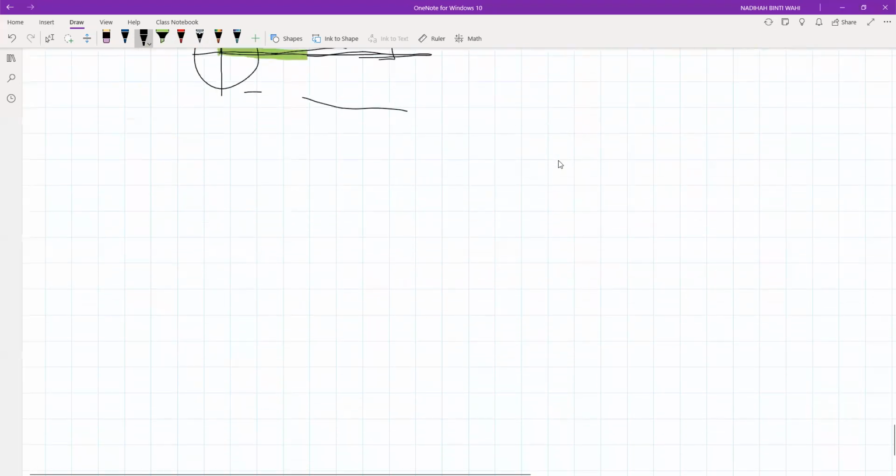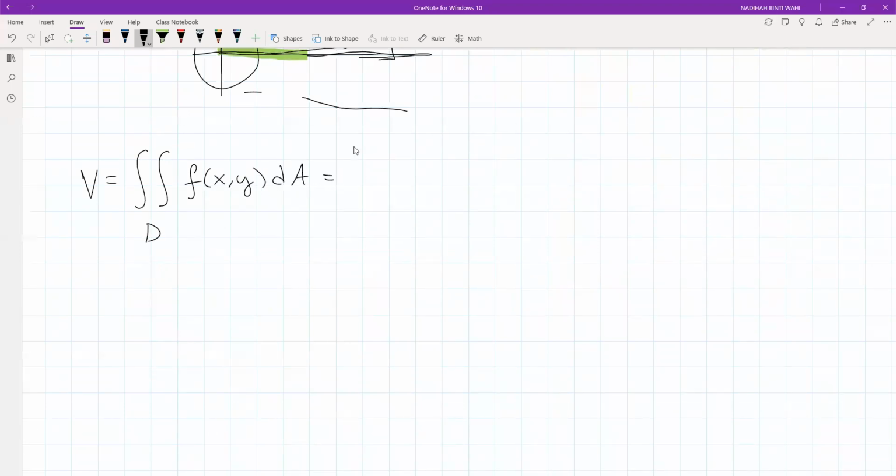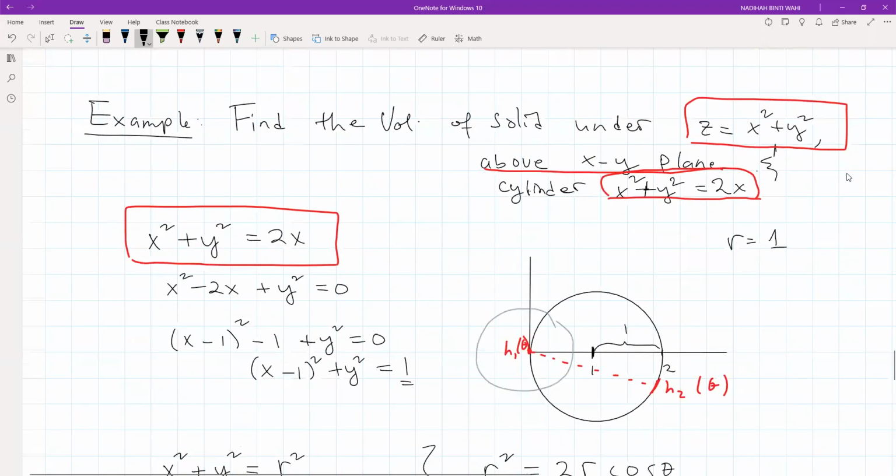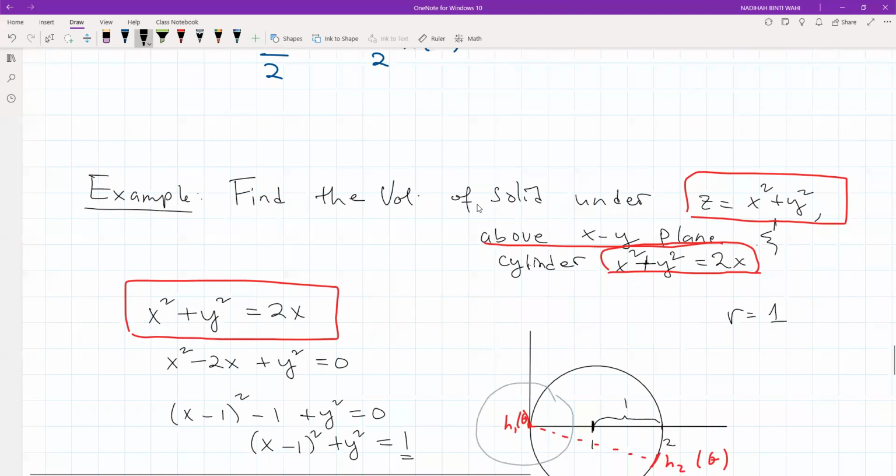Okay, so the whole thing will be V just equals to, in the region D, okay, and then the function f(x,y) itu apa dia? Tak apa, kita tulis dulu, double integral of f(x,y) dA equals to integration from what to what, f(x,y) dA, mana function yang kita nak guna? Okay, kalau dia kata solid, volume of solid under this function. So this is the function of f(x,y). So z equals to something.